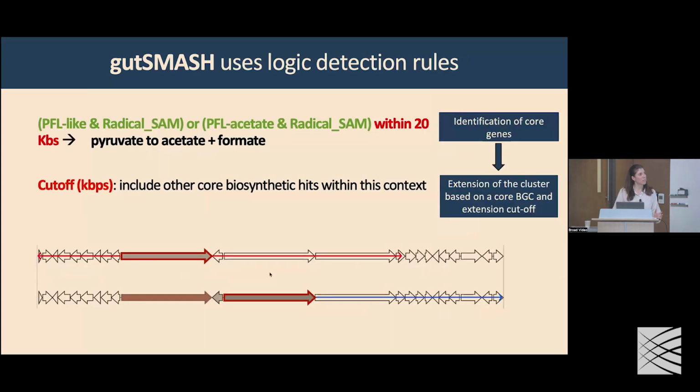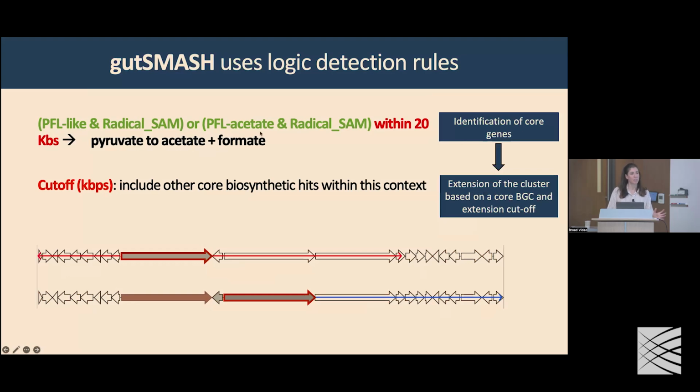And how gutSMASH works is that it uses logic detection rules. These logic detection rules are Pfam combinations that work together in a way that is relevant because they are the signature of a specific redox mechanism or pathway. So for example, in this case here, we have the PFL-like domain and radical SAM domain, or PFL acetate and radical SAM domain.